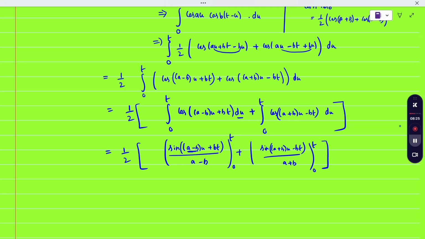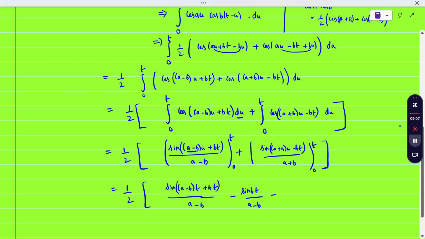Now substitution, very careful. We have to substitute t instead of u; t keep as it is. When I substitute, 1 by 2, first the upper limit for the first term: sine of (a minus b)t plus bt, divided by a minus b, minus the lower limit: sine of 0 plus bt, which is sine bt because the first part is 0, divided by a minus b.